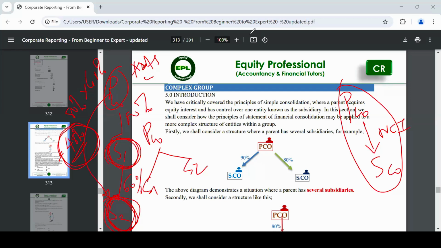And you will notice that, even in practical terms in real life, when profit is shared, that bottom line is shared between parent and NCI. They don't say parent, they say owners of parent. Whether the parent has owner or not, they will say owners of parent, and then they will say NCI.